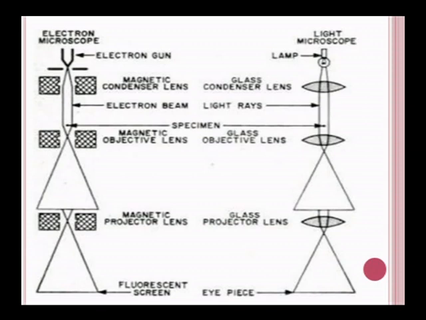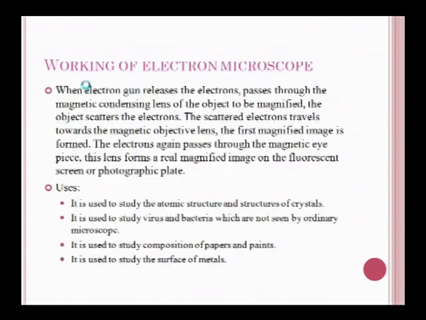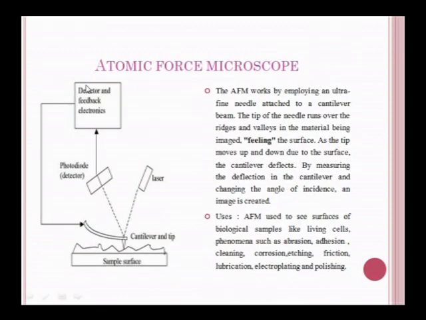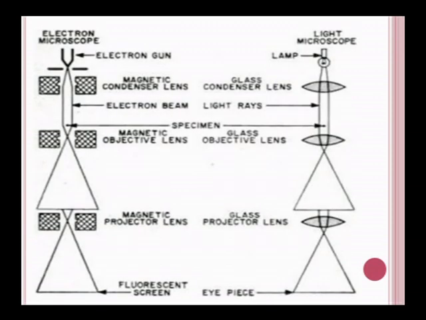Now, see here, this is the electron gun, consisting of a tungsten filament. On the other side there are magnetic lenses, and these magnetic lenses condense the electrons coming out from the gun.